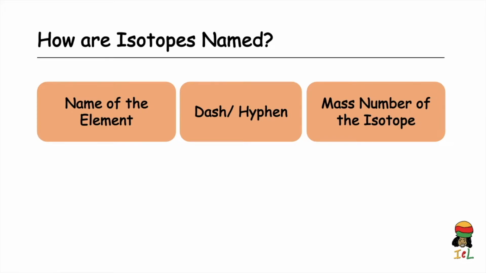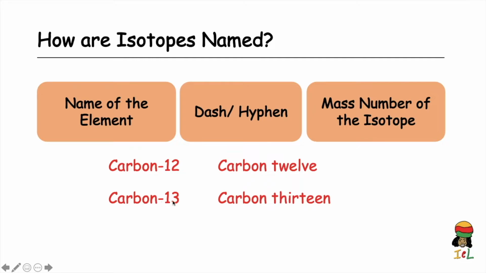Using the three isotopes of carbon as an example, the first isotope is written as carbon-12, and we read this simply as carbon-12. The same for carbon-13, and carbon-14. Keep in mind that 12, 13, and 14 represent the mass numbers of the specific carbon isotopes.